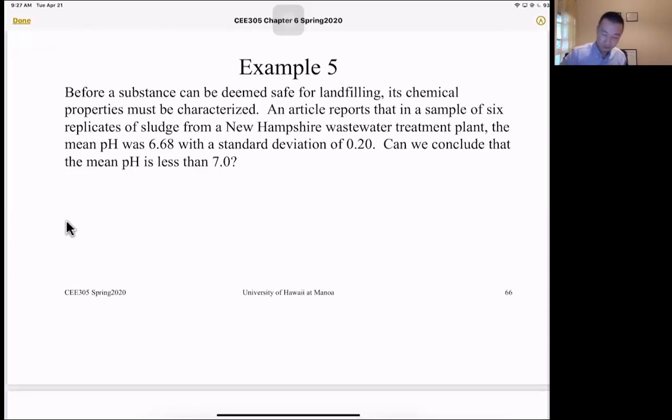Here is an example for that. Before a substance can be deemed safe for landfilling, its chemical properties must be characterized.